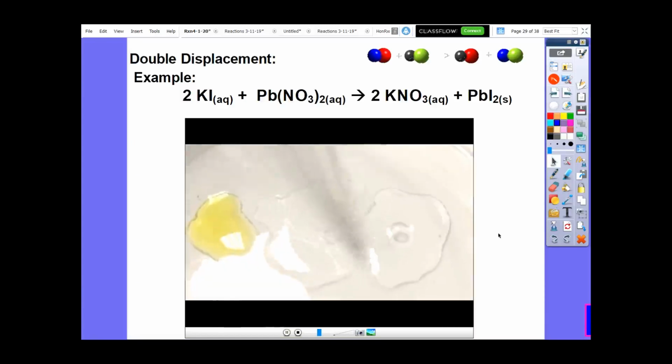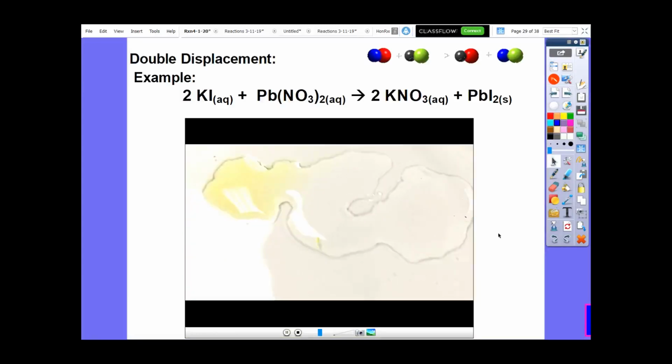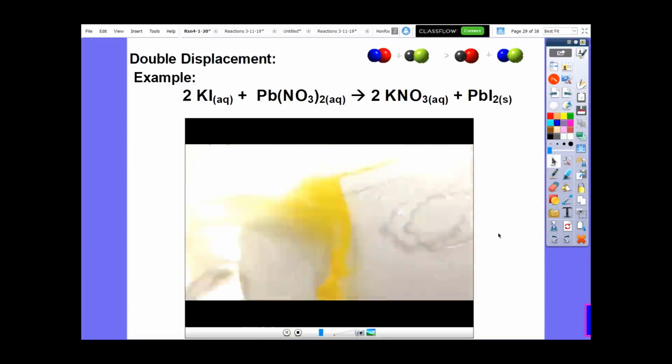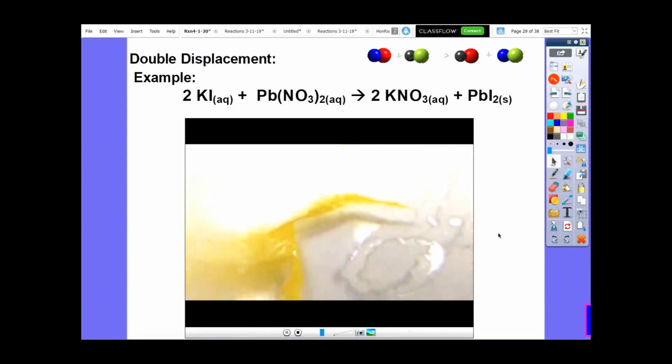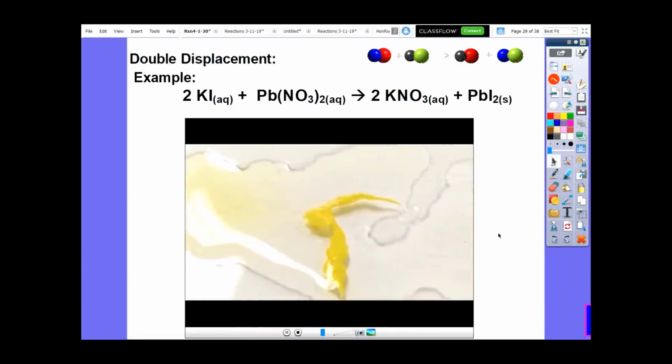So this is really neat. They're making a water bridge. So as those ions are floating towards each other, look what starts happening. Where those ions meet up, they start to precipitate out and to make a solid.